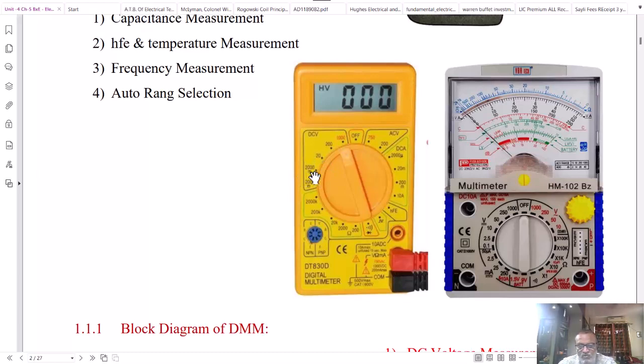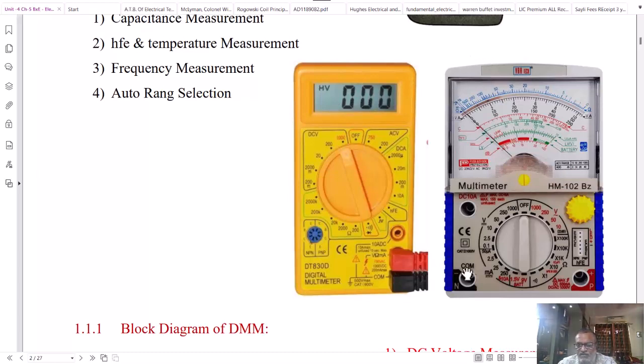If your voltage is more than that, then you can go for the higher ranges. If you apply a voltage to the meter which is higher than the range selected, then an out of range indication is displayed by the multimeter. That is 1.000. That indicates the out of range.